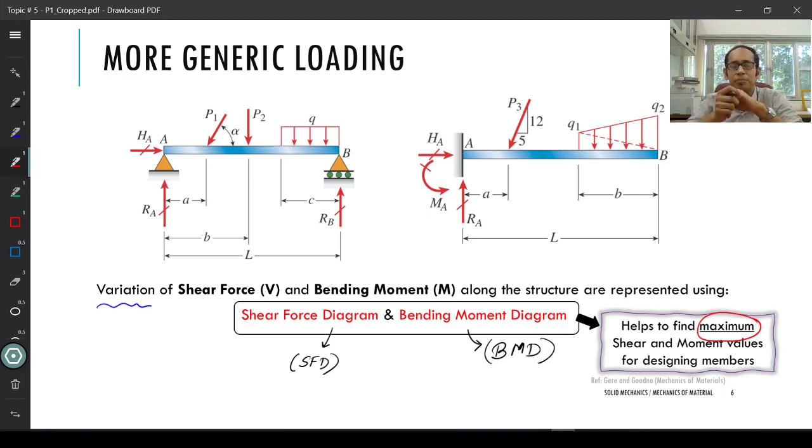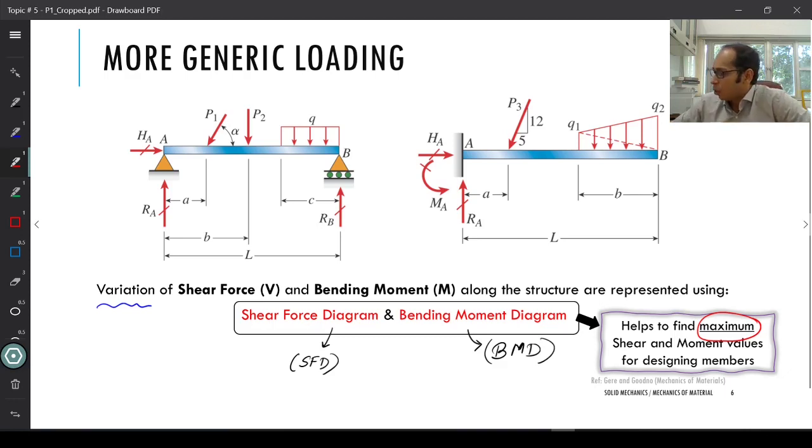And this is applicable for civil engineering structures, for mechanical engineering structures, for aerospace structures, and it has a wide range of other applications, right? So the whole objective of drawing shear force diagrams or seeing how the shear forces vary across the structure, how the bending forces vary across the structure through the bending moment diagram, is so that you are designing structures which are safe to resist the loads the structure expects to undergo.